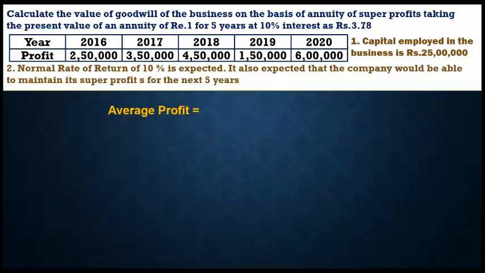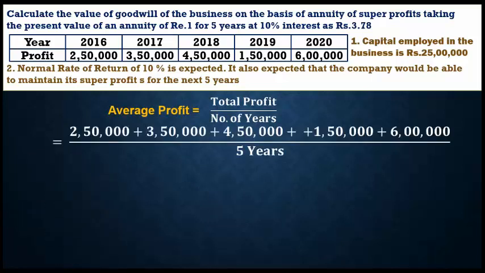First year profit 2,50,000, second year 3,50,000, third year 4,50,000, fourth year 1,50,000, fifth year 6 lakh, divided by 5 years.